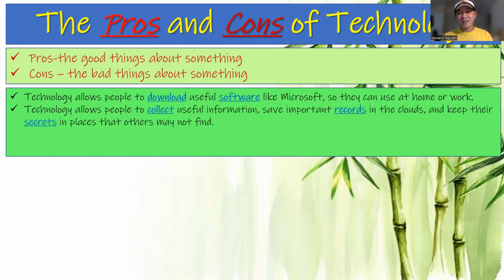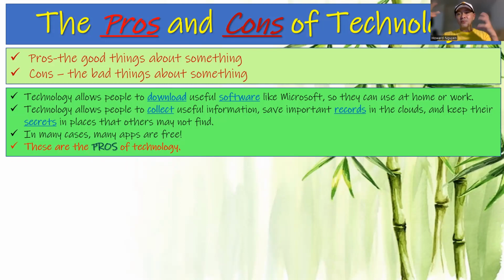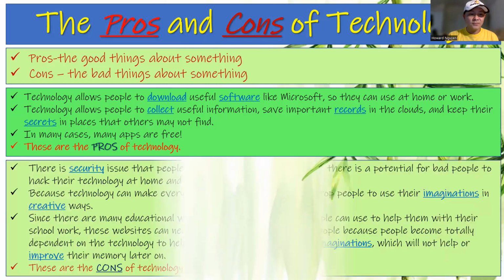But we have hackers, so that cannot be very safe. In many cases, many apps are free. These are the pros, the good things about technology. And of course, we have the bad things. So let's see.